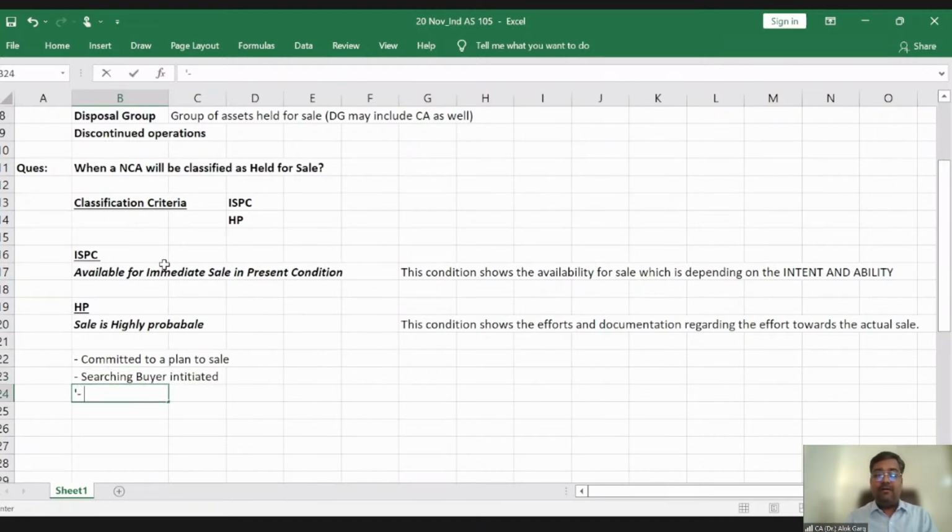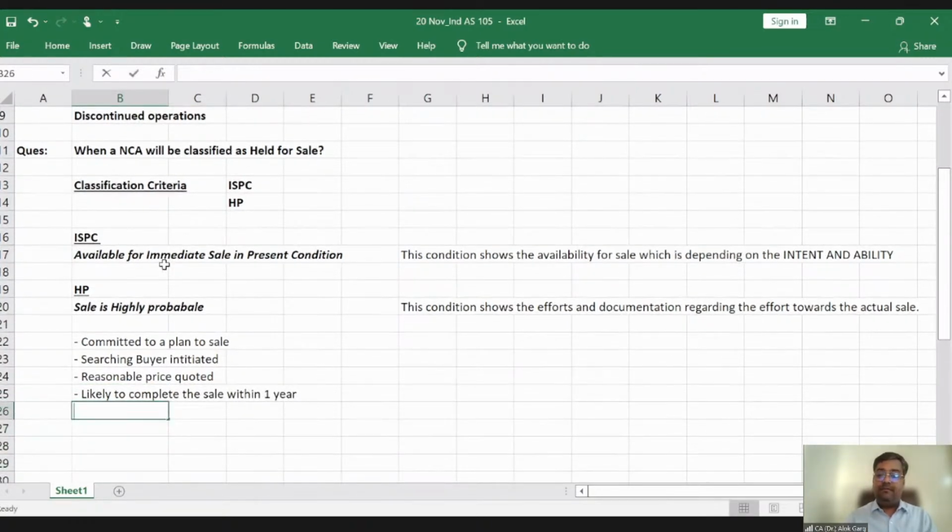Third condition, reasonable price quoted. Fourth condition, likely to complete the sale within 1 year.